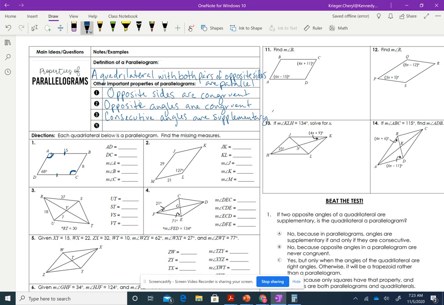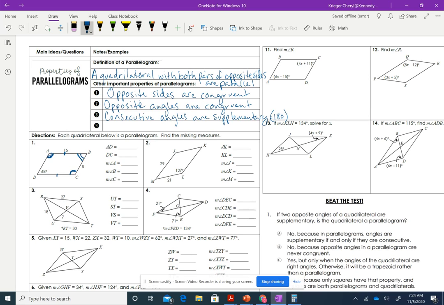You guys know supplementary means equals 180. So if I'm looking at picture number 1, angle A and, well, consecutive, guys, means one after the next. So angle A and angle B are supplementary, meaning you would add them up and they would equal 180.